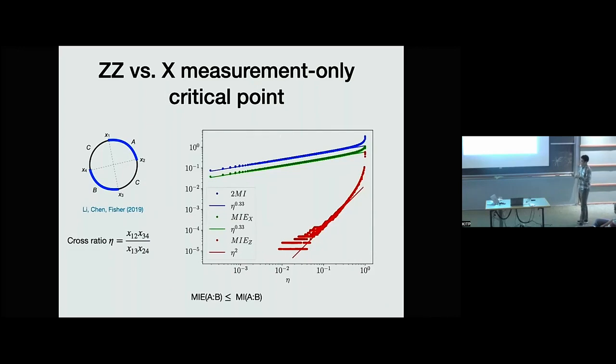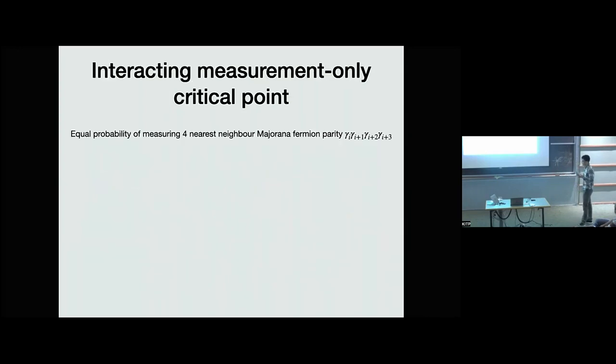So this is a pretty simple dynamical system. One can imagine more intricate dynamics. For example, the ZZ and X measurements, if you do a Jordan-Wigner map, are fermion parity measurements of neighboring Majoranas, right? However, one can consider, instead of measuring parity of 2 Majoranas, measuring parity of 4 Majoranas.